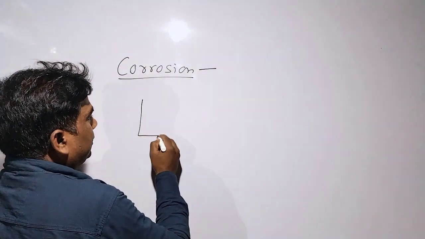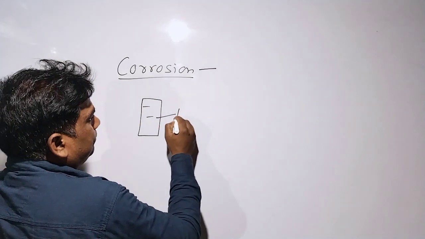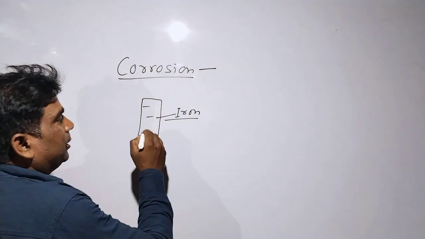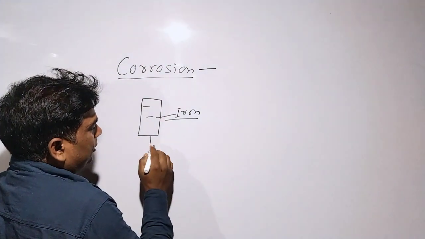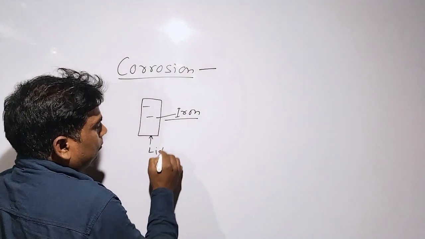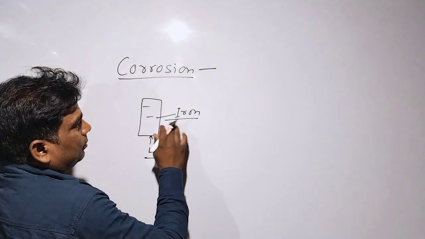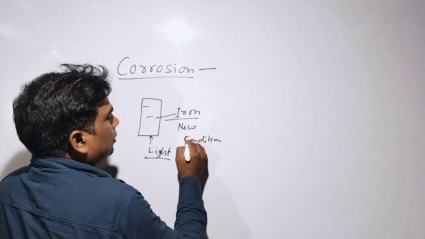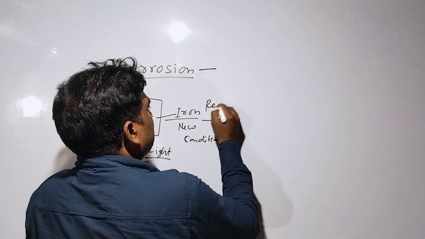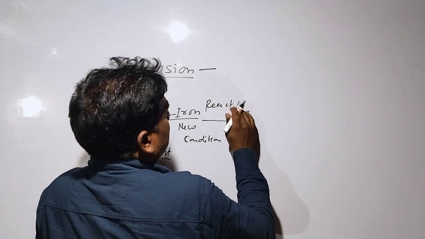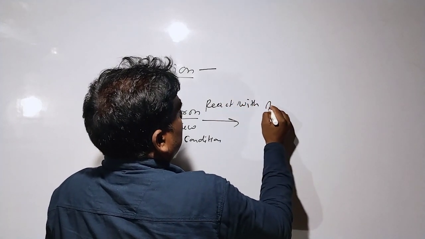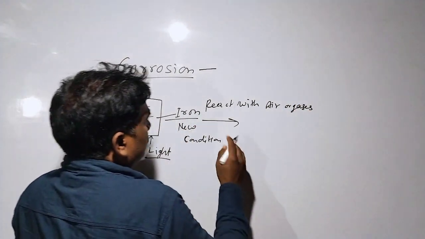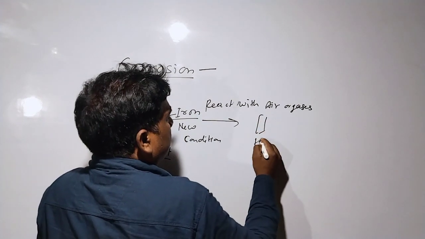If a part of iron is light when new but reacts with air or gases, its weight becomes high.